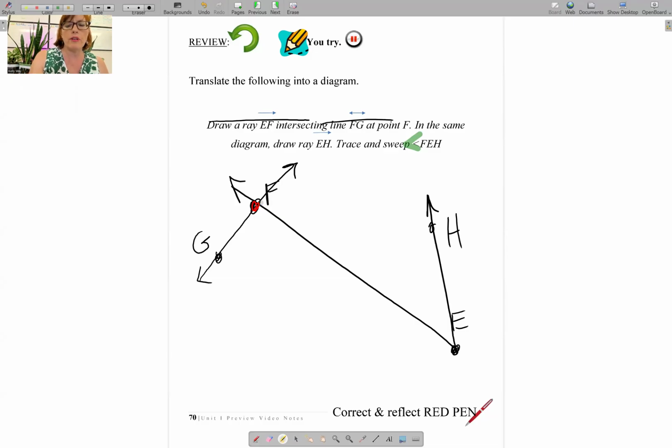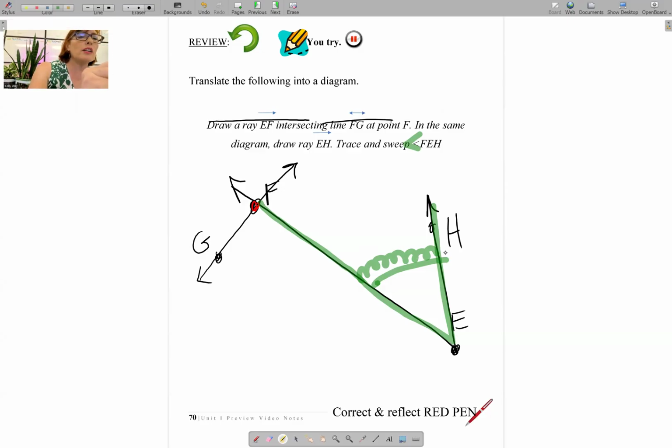So F, E, H, trace, and sweep. If you swept with a straight line, that's no big deal. That's just me having a little fun there. If you did everything fabulous, and even if it's just rotated a different way, totally fine. Star smiley. Anything that may be off, you got your endpoints off, write yourself a little note. What do you want to remember and correct it?